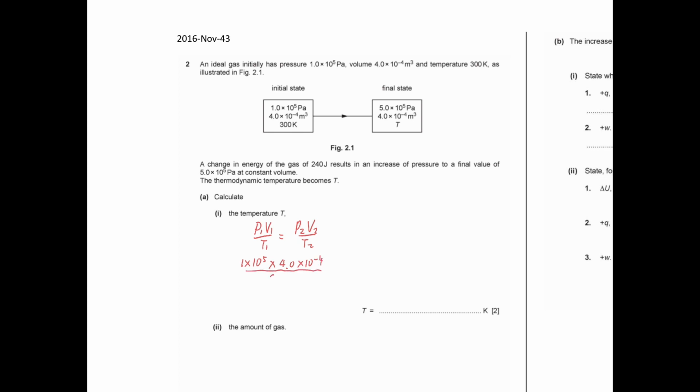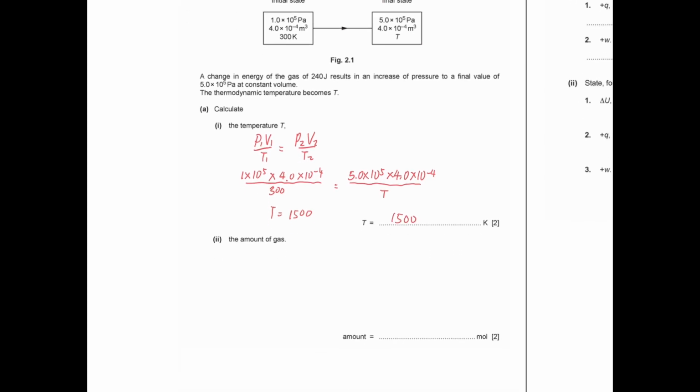Divide by volume, 300. Pressure, divide by T. Okay, then you get the temperature.